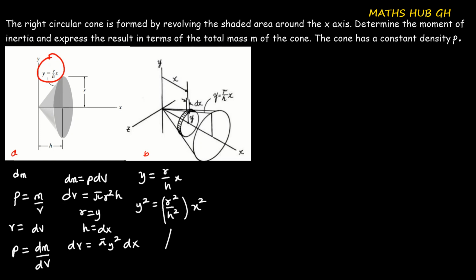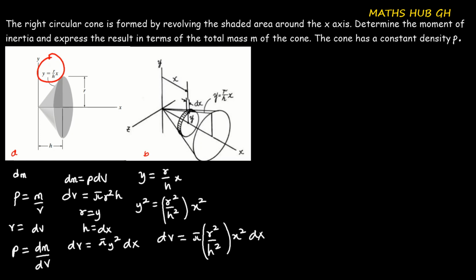So you can substitute this back into the expression. You're going to have dv equal to pi y squared, which is r squared over h squared, multiplying x squared dx. This will be the new expression for the volume.